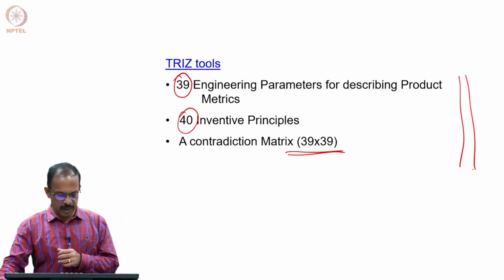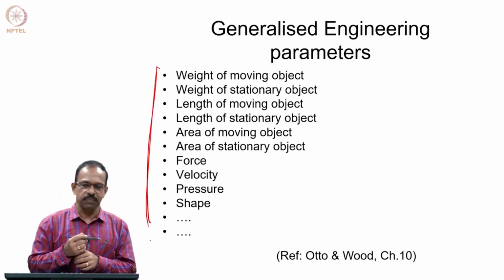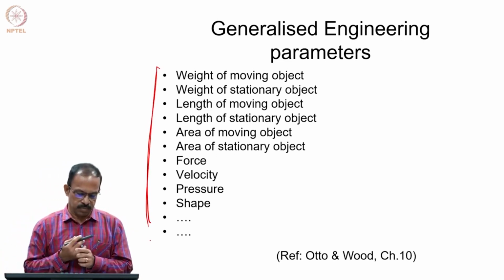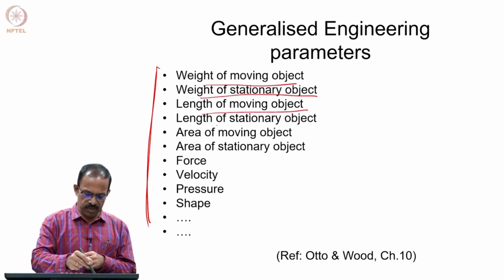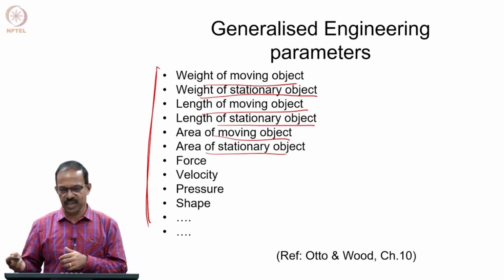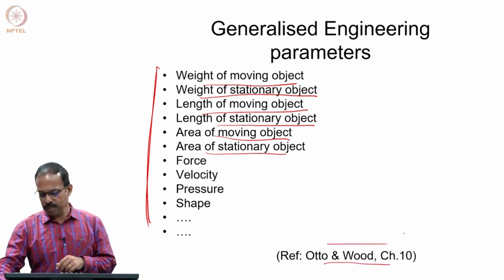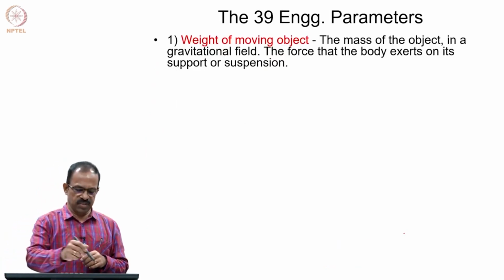So the TRIZ matrix will be, okay, these are the parameters identified by the inventor, Altshuller. So weight of moving object, weight of stationary object, length of moving object, length of stationary object, area of moving object. So like this he identified 39 parameters: force, velocity, pressure, etc. You can refer to the textbook, you will see the complete listing of the parameters, and then some explanation is given for all these.